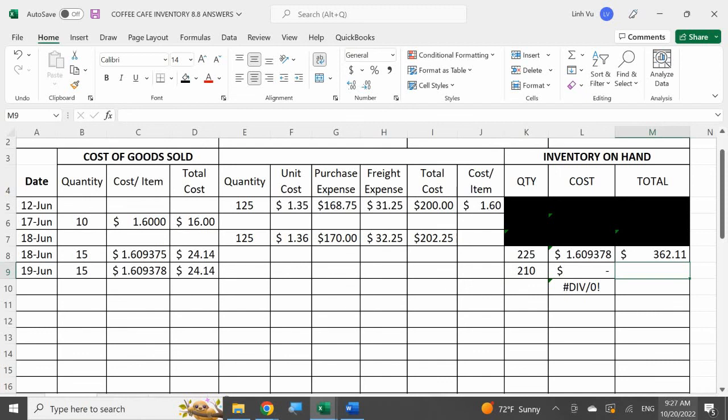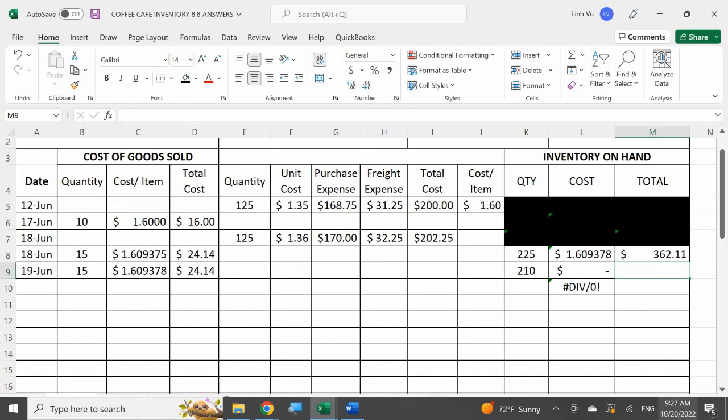Right now, I have my quantity, but do I have my total cost? I need to solve for my total cost to calculate my average cost per item. Your average cost per item is always going to be changing because you're constantly adding inventory and subtracting inventory.